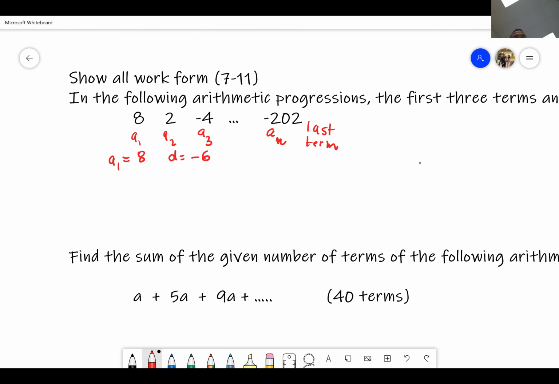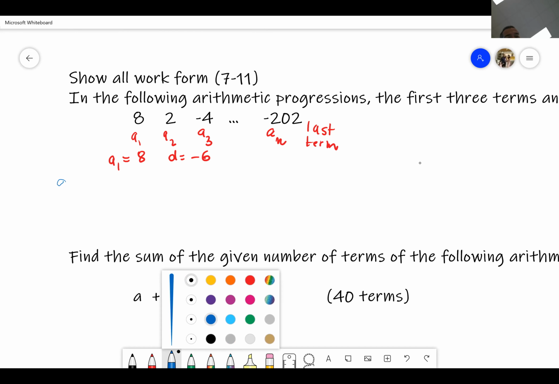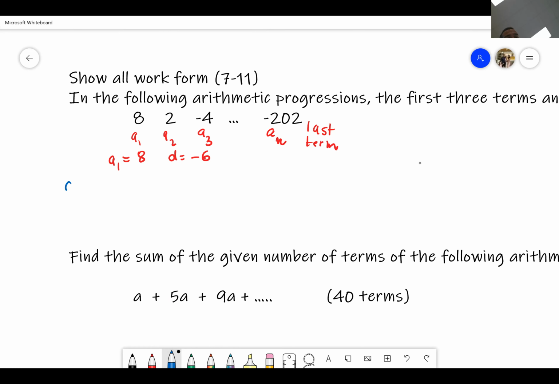So here's what I do. There are 2 formulas that I have. One says A sub n equals A sub 1 plus n minus 1 times d. This one is to determine a particular term in an arithmetic progression.